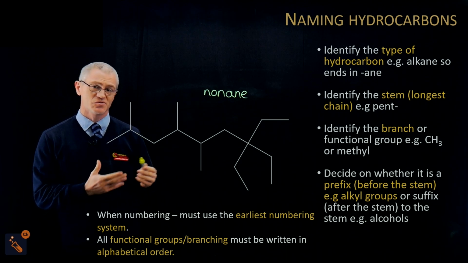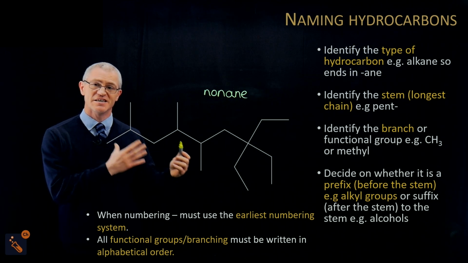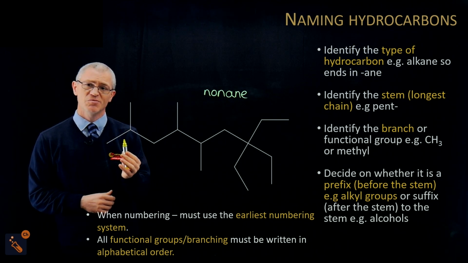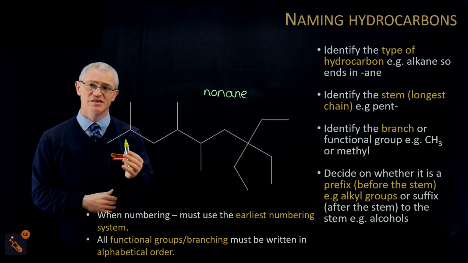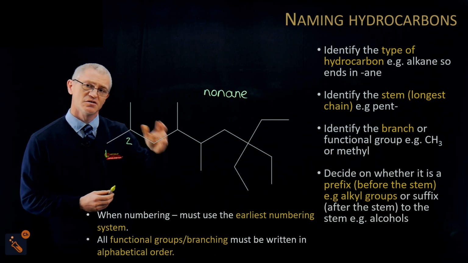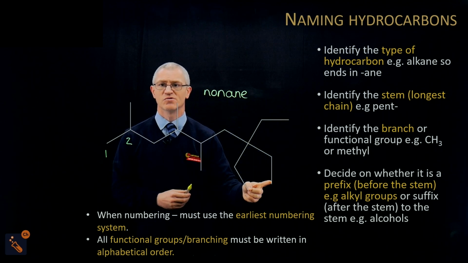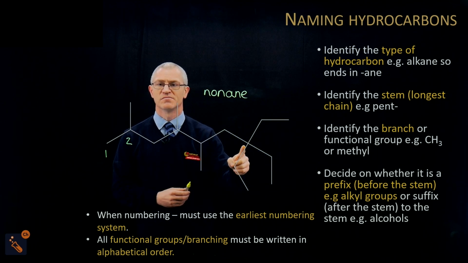So from there, we've got quite a lot of branching going off, so we're going to have to do some serious naming here. And we look at the earliest number convention. So basically here, 1, and then our methyl is at number 2. So methyl is number 2. If we go the other end and we start looking at where's the branching here, so there's 1, 2, 3.